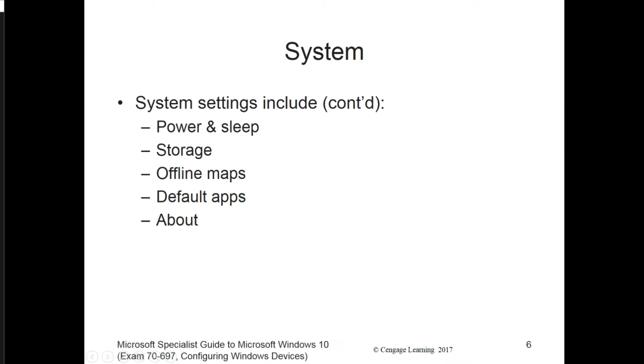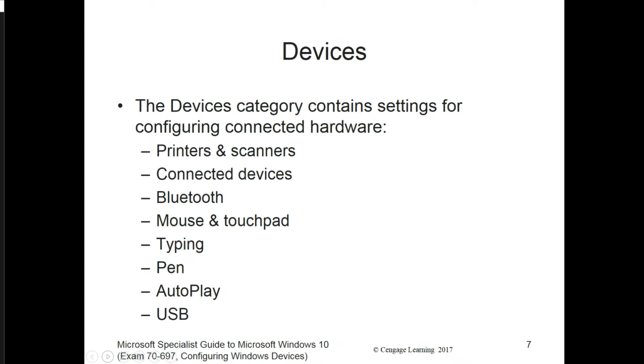Now, we've also got power and sleep, storage, offline maps, default apps, and about. The devices that we can deal with in the devices category are printers and scanners, connected devices, Bluetooth, mouse and touchpad, typing, pen, autoplay, and USB. So it's the different things that we can deal with.